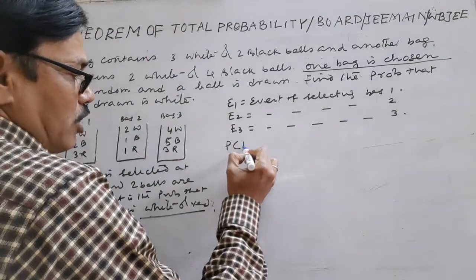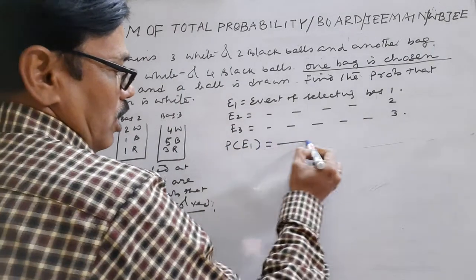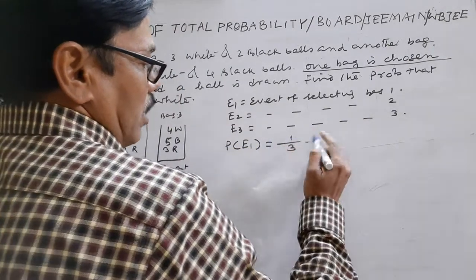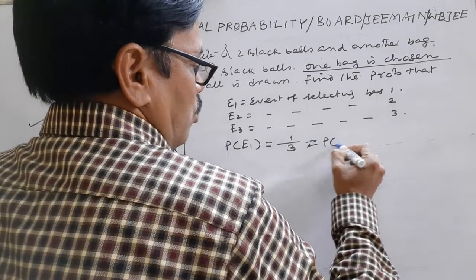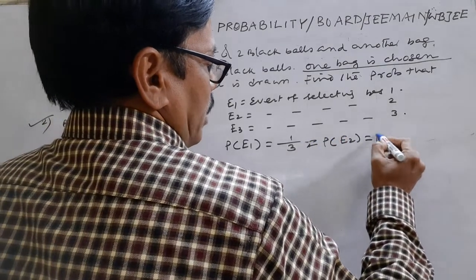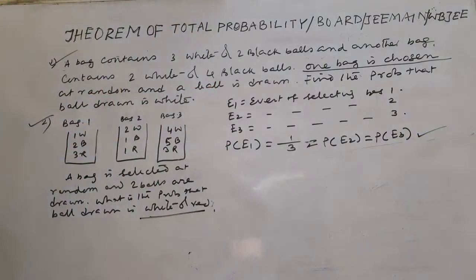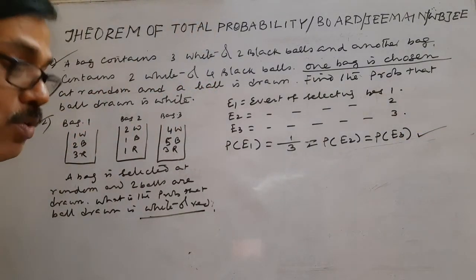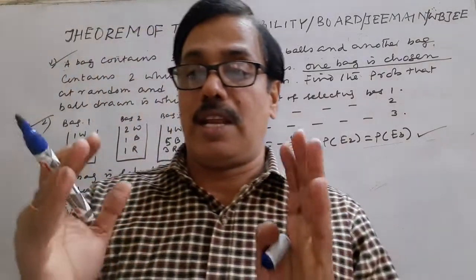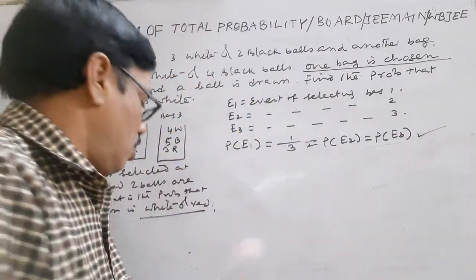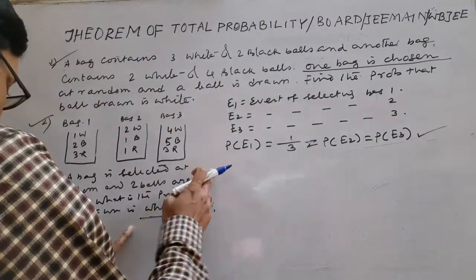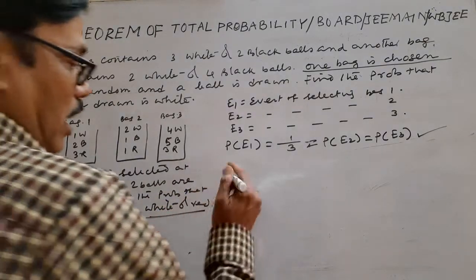So, how many bags? 3. So, you have to select 1. 1 by 3 equals PE2 equals PE3. So, as earlier, now look, you have to define an event A. So, what is A? Probability that ball drawn is white and red.